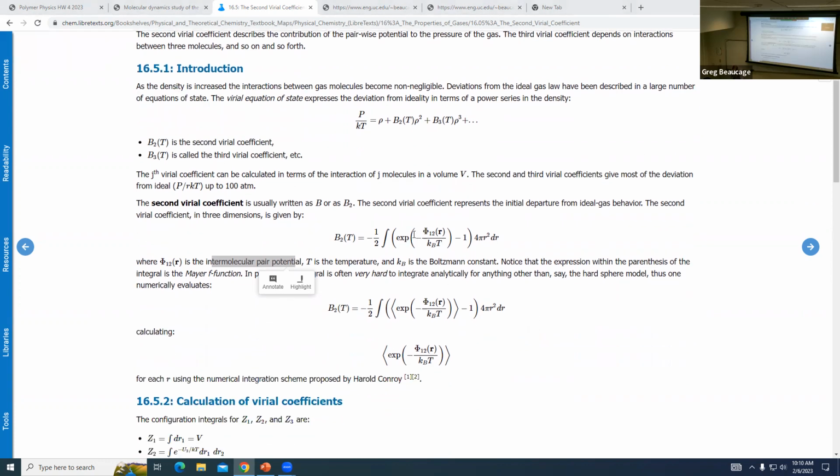So this exponential: if the argument to the exponential is small, which I don't know if it is or not, but basically if it is, expand it into a power series. There's a 1 here, so those two ones cancel. The next term is the argument itself, minus this potential, and there's a minus here, so those two cancel. The next one would be the square of this divided by 2 factorial, then the cube divided by 3 factorial, and it keeps going.